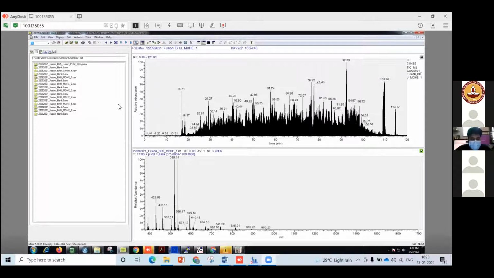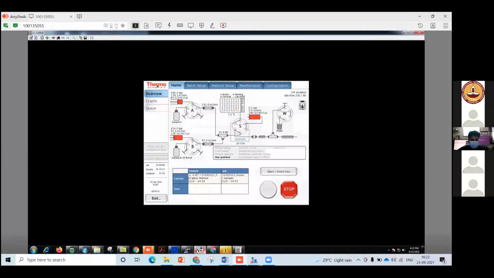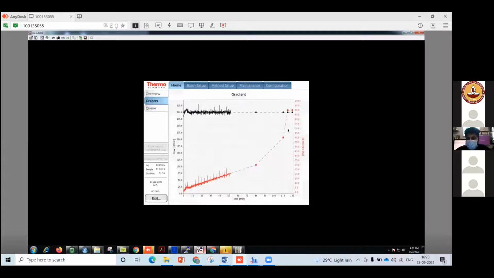currently I am showing one of the chromatograms over here, and before that, let me show you the parameters and the LC gradients that we use. So this is the current LC gradient we are using, where the peptide sample that Sir showed just now, when it is running, we could see the initial gradient of the percentage of B. It's a binary solvent system we are using, where A is 0.1% formic acid in water, and B is 80% ACN in 0.1% formic acid.